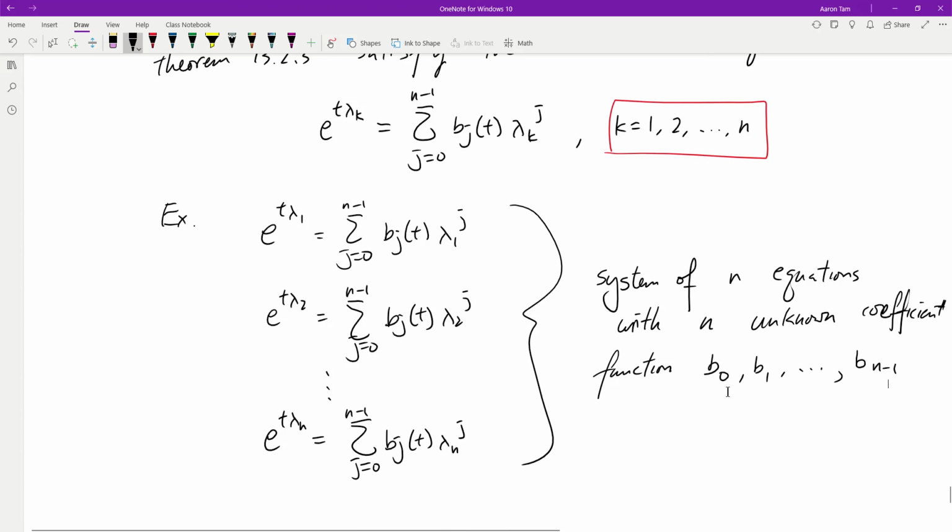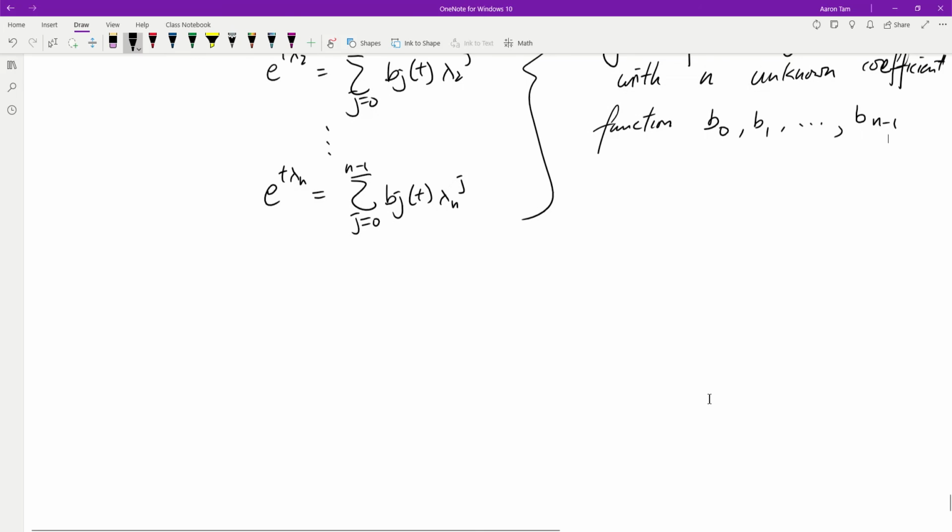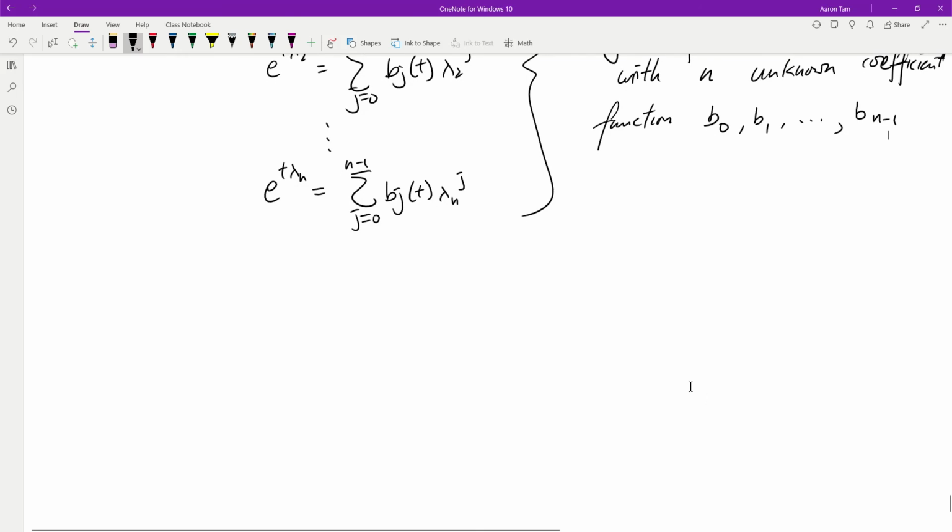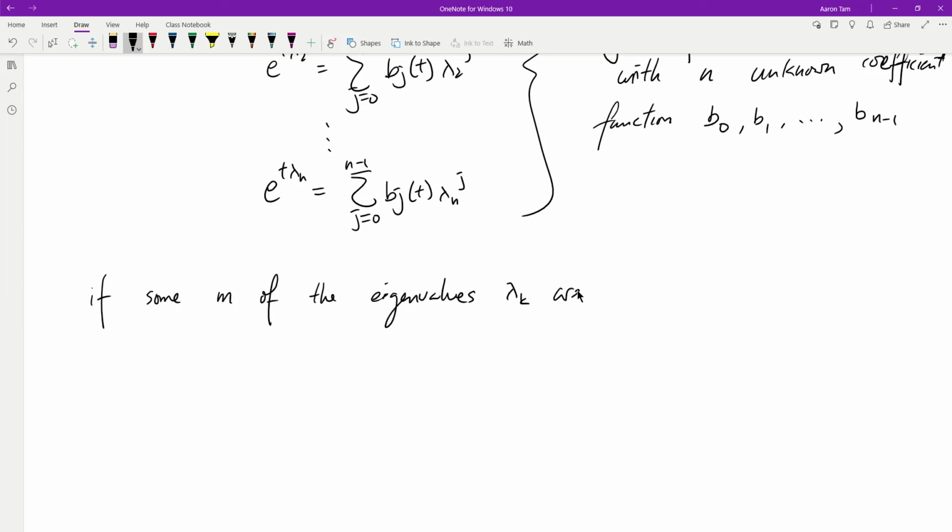Now, here comes the important part. What if some of the eigenvalues are repeated? Okay. Now, if some, let's say, m of the eigenvalues lambda sub k are equal, are repeated.